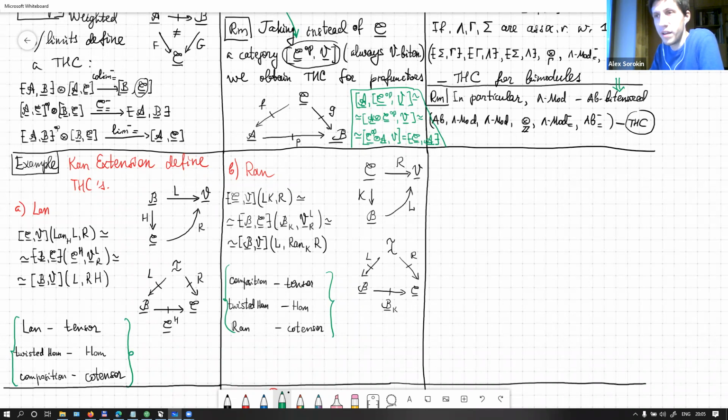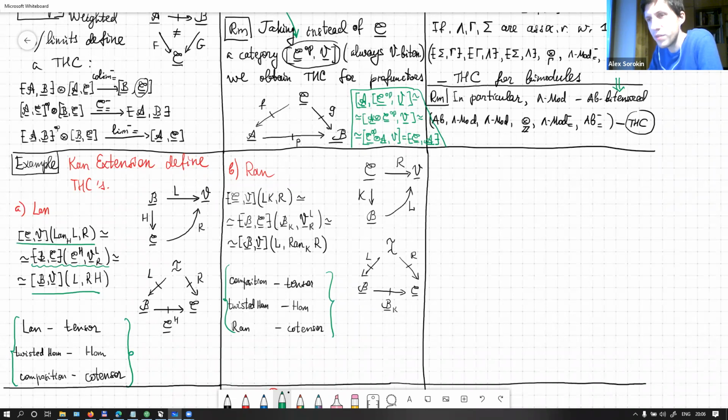So if I have a picture, left functor L from B to V, and it's going to be extended via functor H from B to C, and I have a random functor R from C to V, then the third and first formula are defining left Kan extensions, and the middle one comes from Tensor-Hom-Cotensor situation.